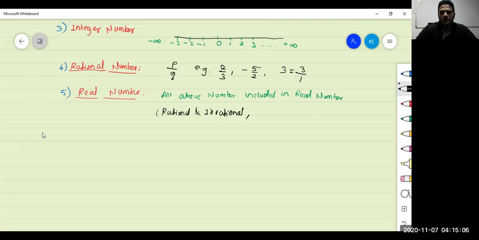We know that irrational numbers are, for example, root 2, root 3, and pi. These numbers are included in the irrational form.